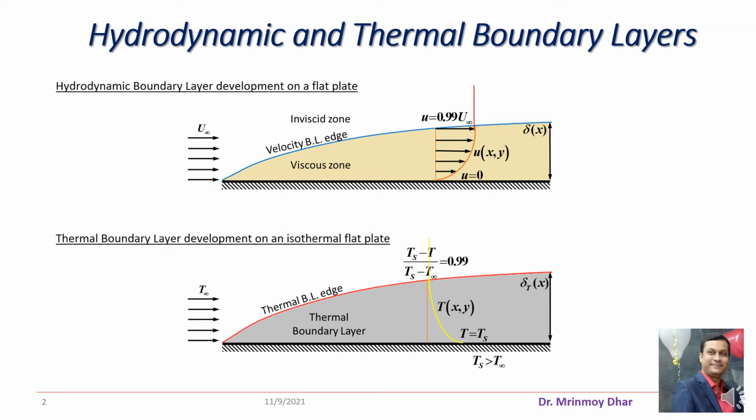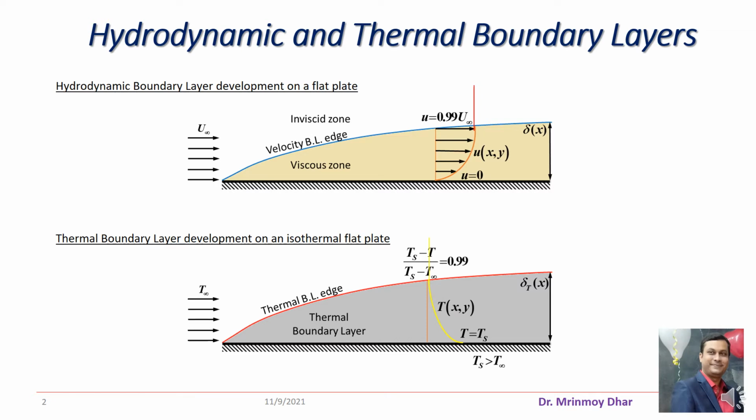So the flat plate is surrounded from the bottom by the water at 100 degrees centigrade, and the flat plate will be at constant temperature throughout. In this case, we are considering the general case that the flat plate is at uniform temperature. This flat plate is an isothermal plate.